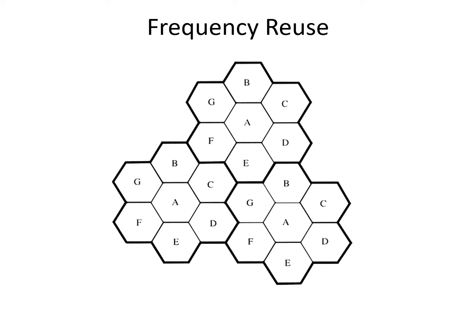Another important thing when you observe this figure is that the distance between the cells using the same frequencies should be the same. When I consider a cell A, the distance from one cell A to another cell A, and to another cell A, should be the same. Even if you take one cell in between, rotate it and keep it back, it should still remain the same.